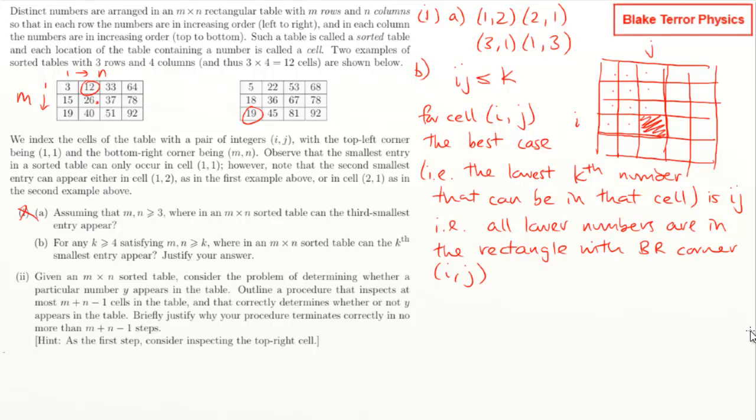Right, so let's think what we're going to do then. Before I write anything out, we start in the top right cell. So we can say if cell equals y, then stop, we're done, because we found it. Then we're going to be scanning through the table.